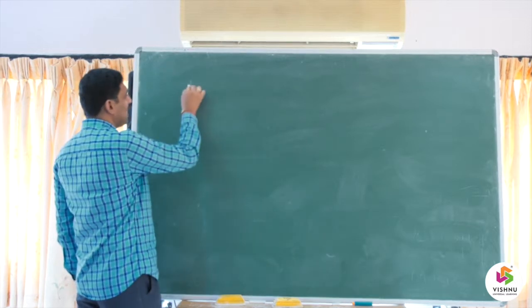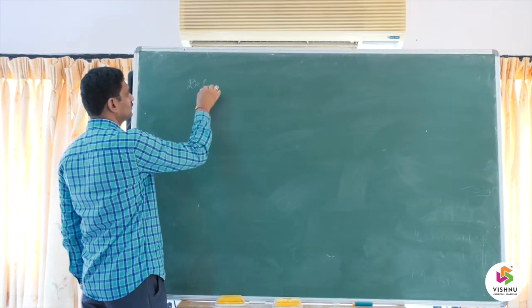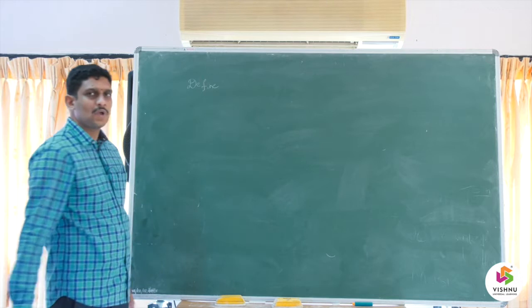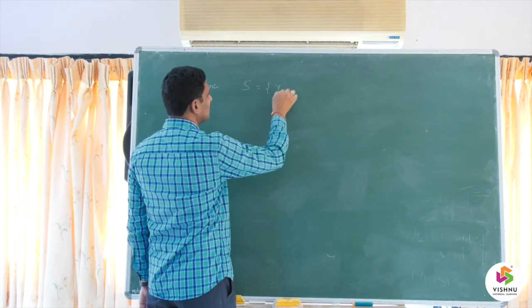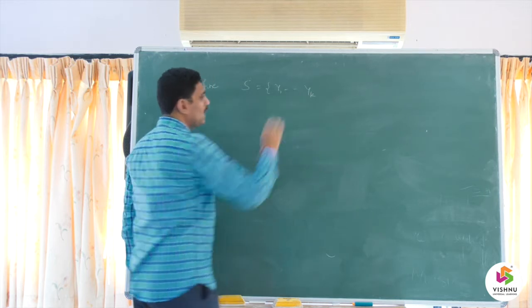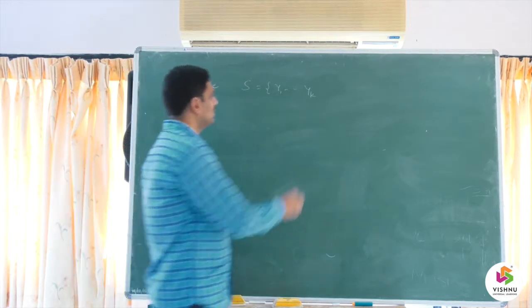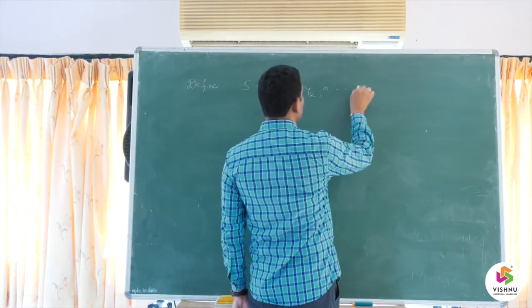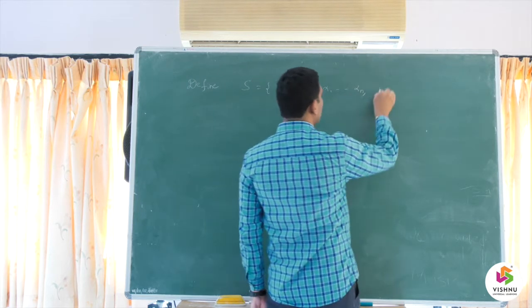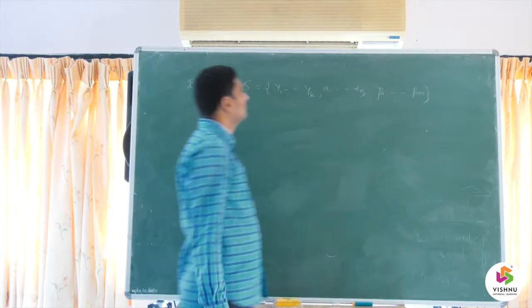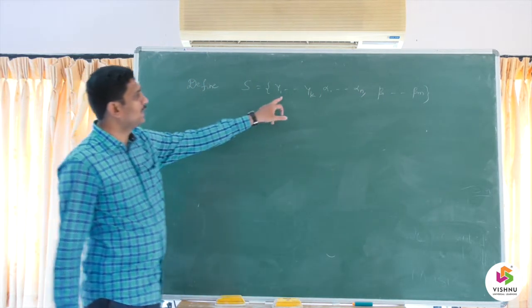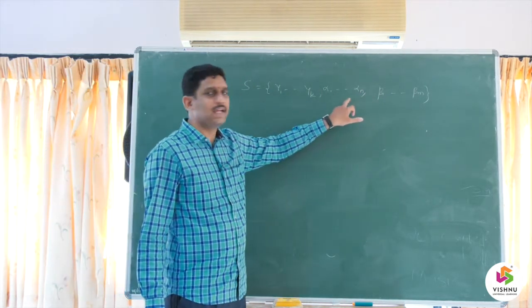So now I define a set. Capital S is equal to set of all gammas, which are k in number, set of all alphas, alpha 1, alpha 2, so on alpha n, and betas, beta 1, beta 2, so on beta m. Now see, total k plus m plus n elements are there.